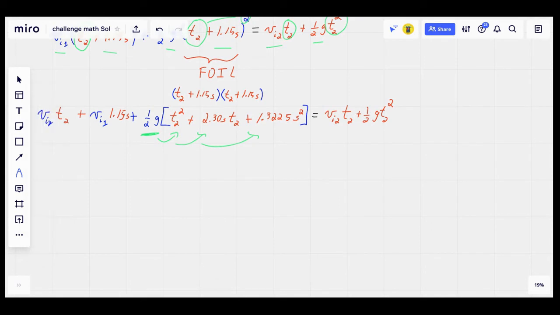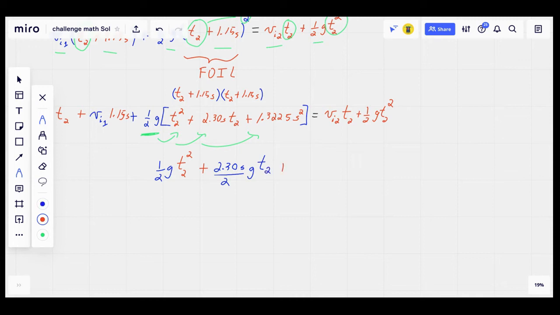So when I do that, this is what I'm going to get: 1/2 g times T2 squared plus 2.30 seconds over 2 times g T2, plus 1.3225 seconds squared divided by 2 times g.